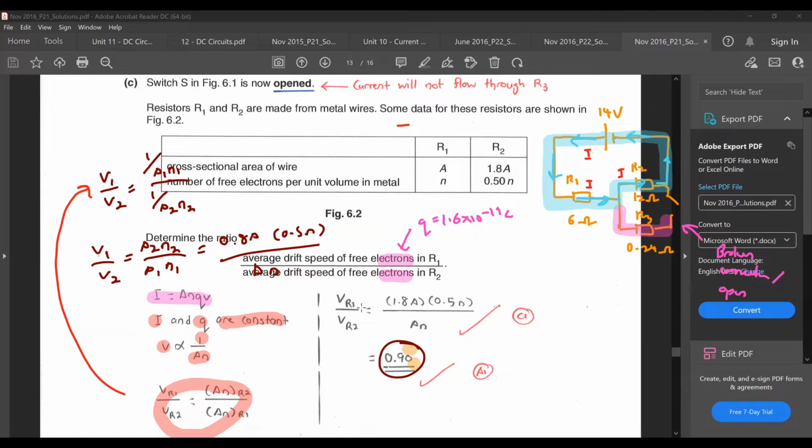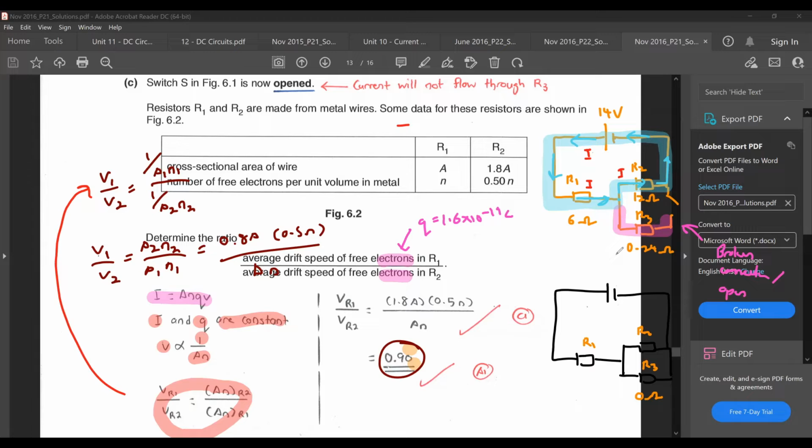Another thing before I end this question, just be mindful. In the earlier example, the first part of your question, we had this circuit where the switch was closed. But then after that we said that this R3 was 0 ohm.